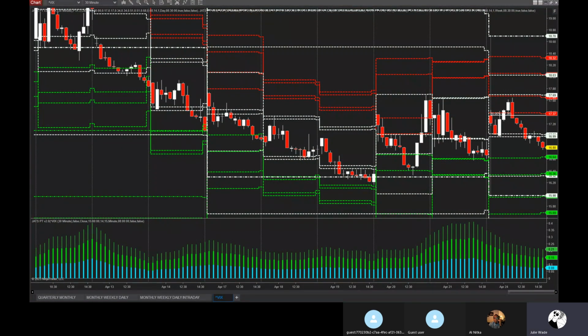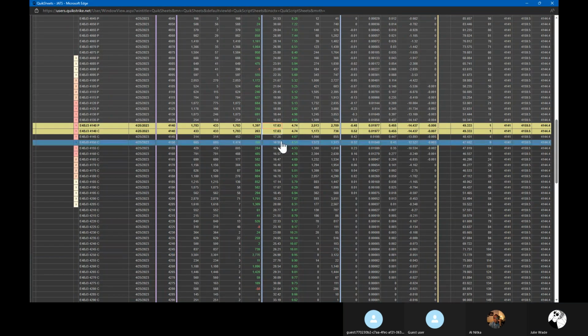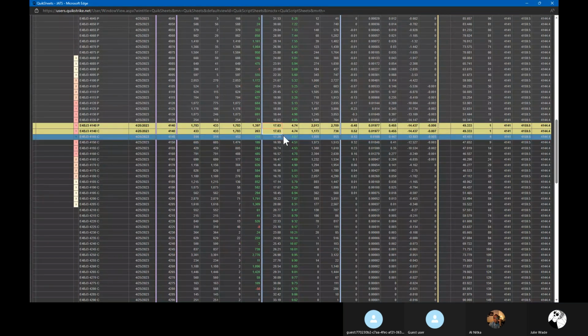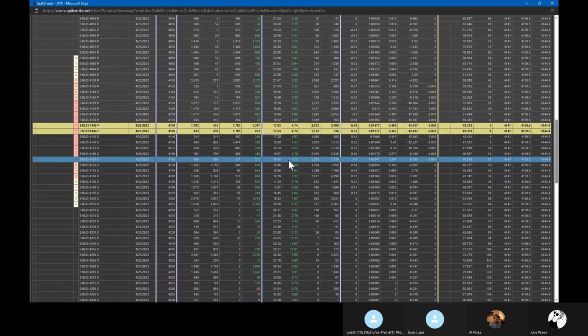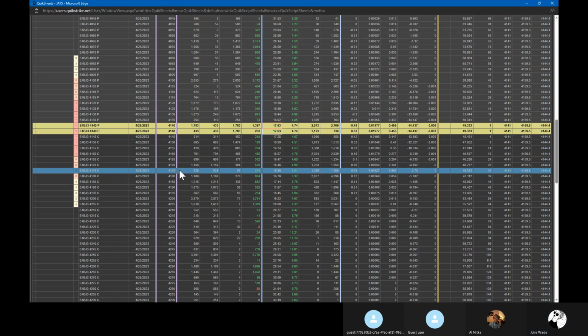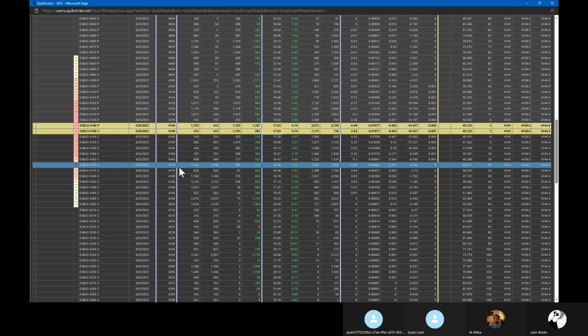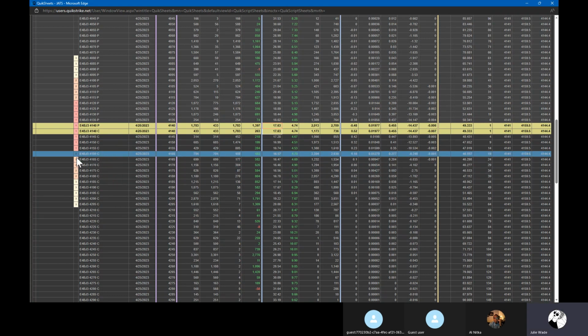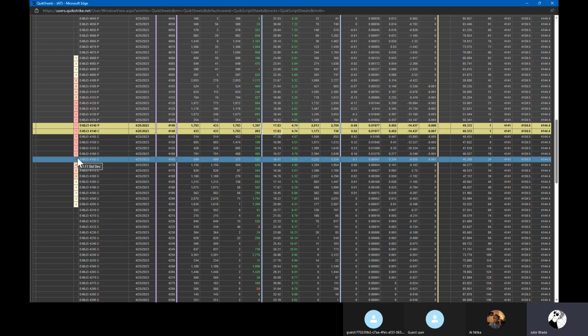I don't see it on the pricing sheet. I got down to 46, 41.70. And that would be right here at the 1-2. So 41.65, 41.70.